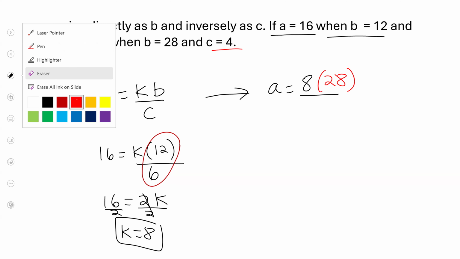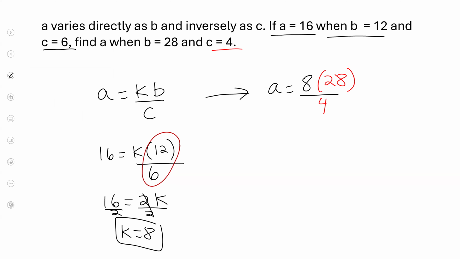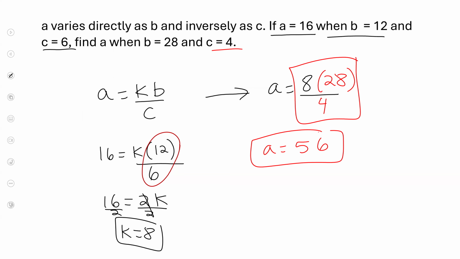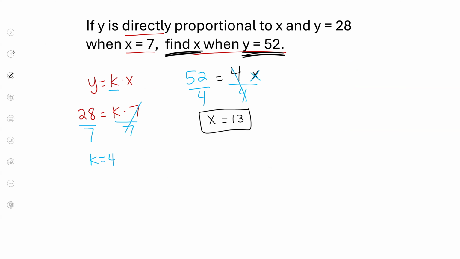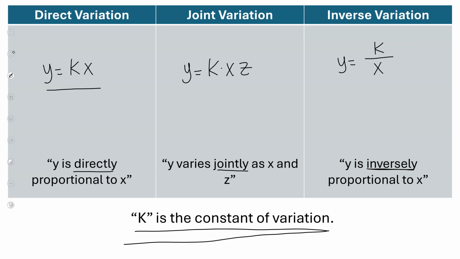Type this into your calculator. 8 times 28 divided by 4 is 56. So A is 56. And that's it. That is inverse variation, joint variation, and direct variation. You have to have those 3 memorized. These 3 equations need to be memorized.